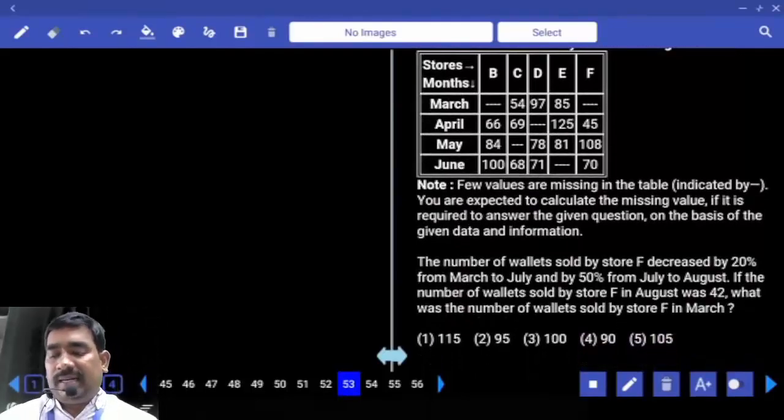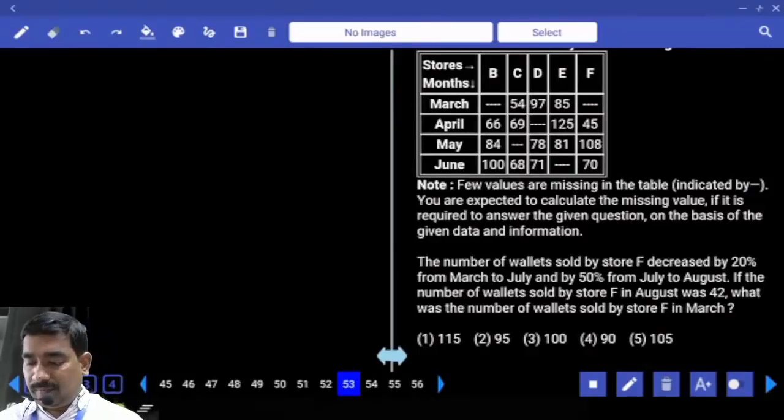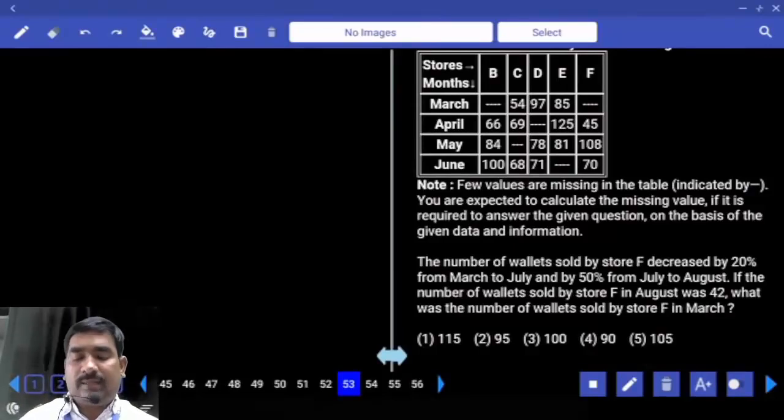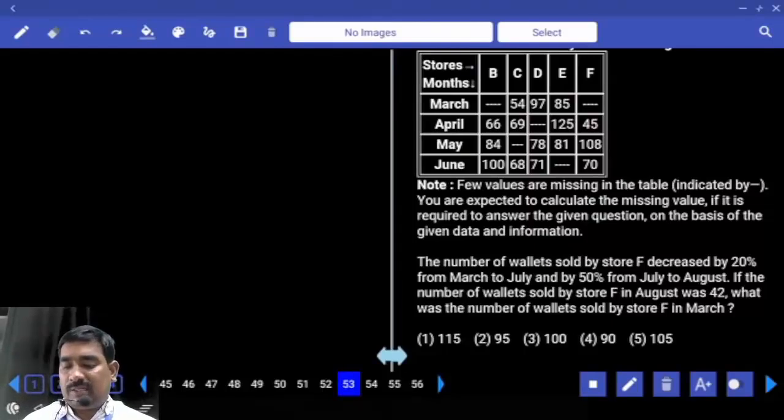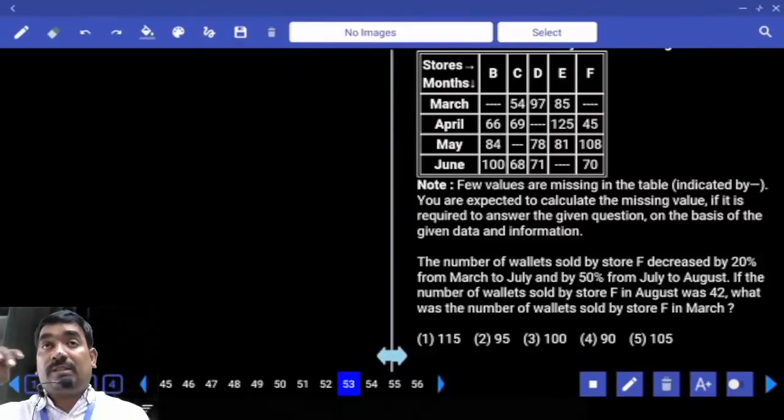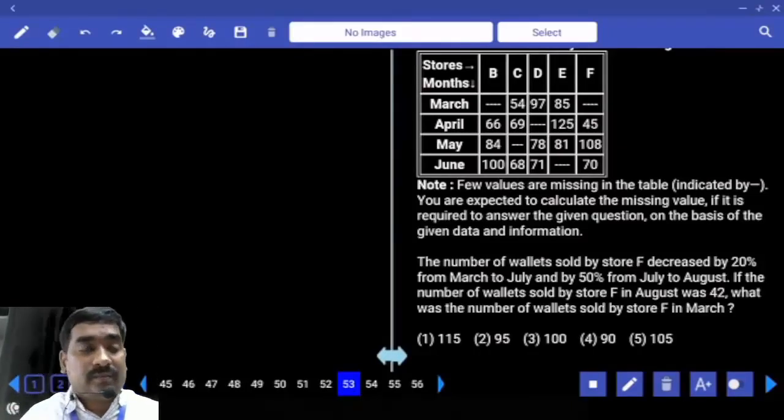The number of wallets sold by store F decreased by 20% from March to July and by 50% from July to August. If the number of wallets sold by store F in August was 42, what was the number of wallets sold by store F in March?